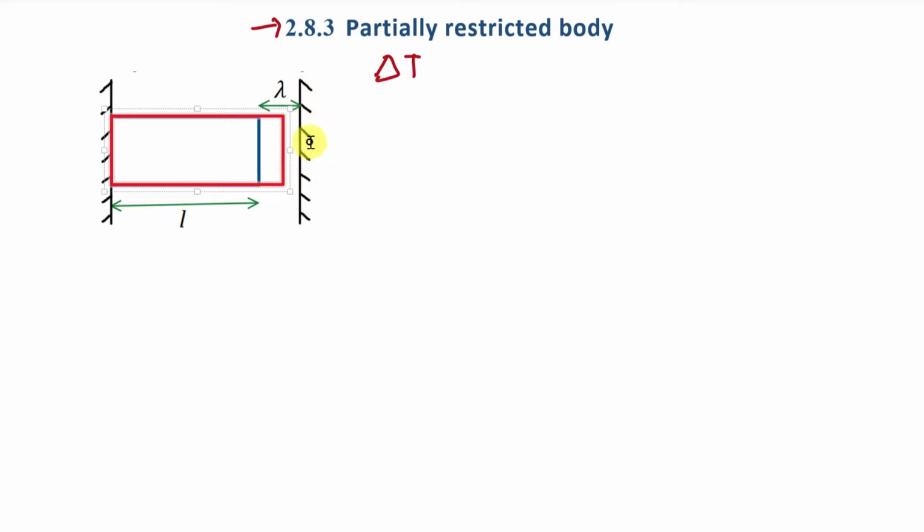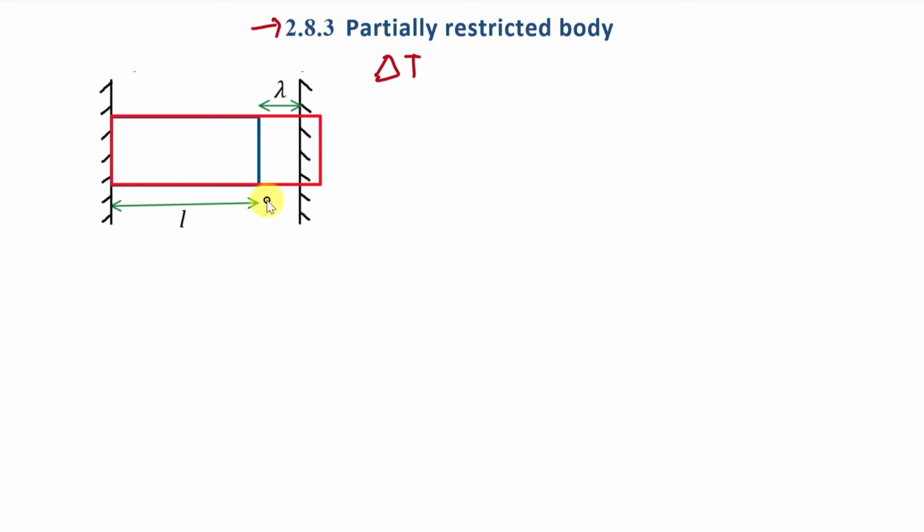And in the second case, we are going to consider that the length of this body is increasing less than this restriction, meaning if there is no restriction, then the length of this body will increase by less than this value of lambda. In the first case, we will consider that due to this change in temperature delta T, the length of this body will increase beyond this restriction, which is at a distance of lambda from this surface.